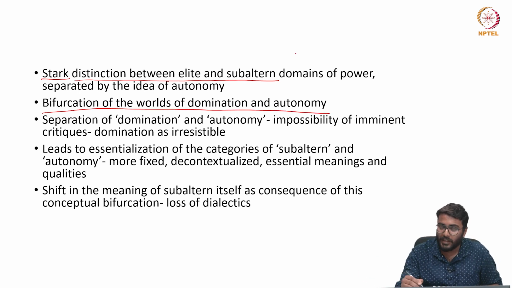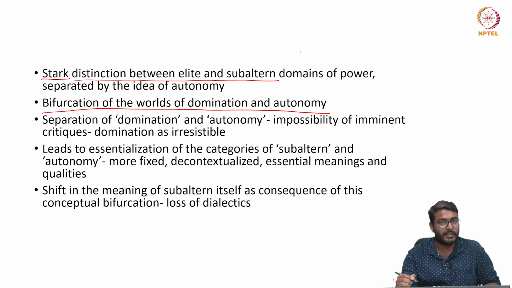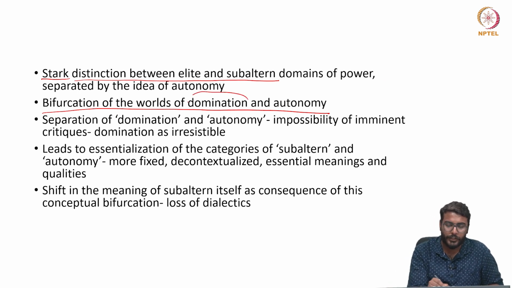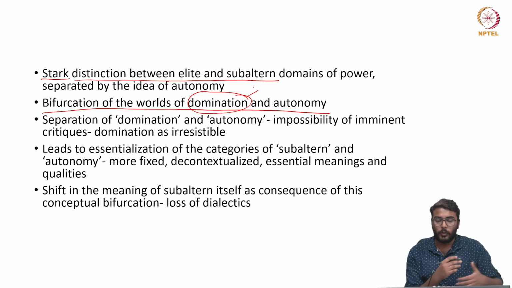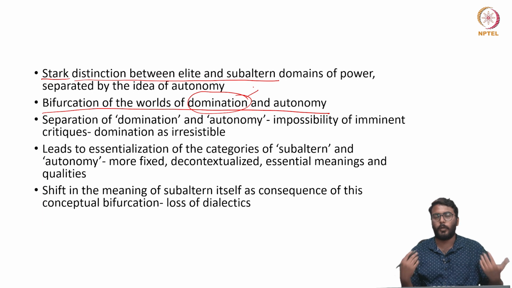So subaltern autonomy in the original sense, according to Sumit Sarkar, was not completely insensitive to the problem of domination, or never seen as a stark distinction. They were never seen as completely separate. Obviously, autonomy is a very important category, but they were also sensitive to how this autonomy is being influenced by the domination of the elite domain of power.